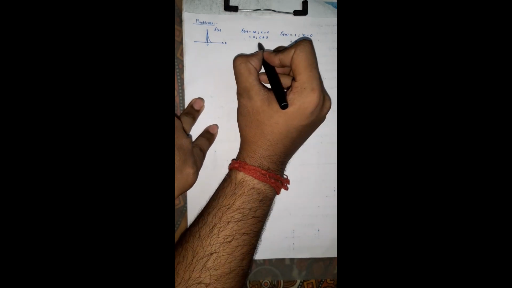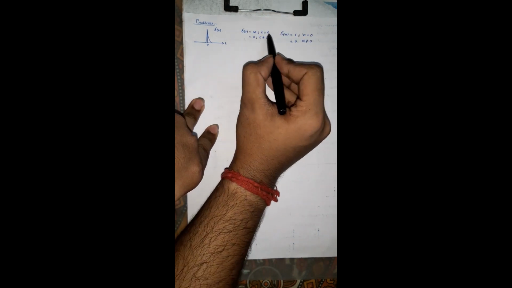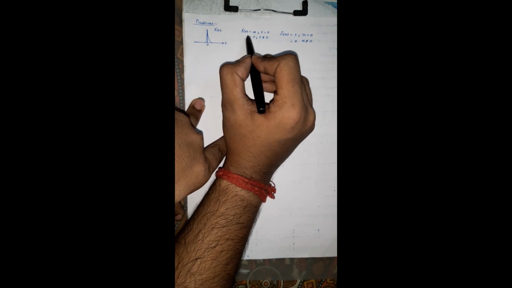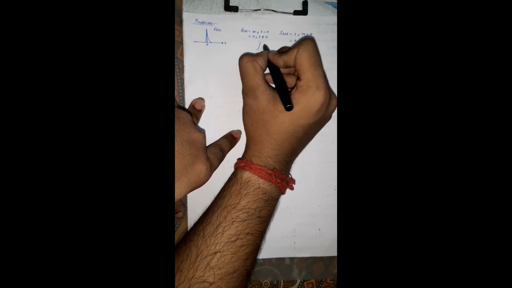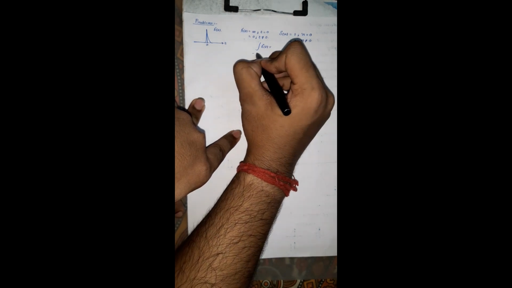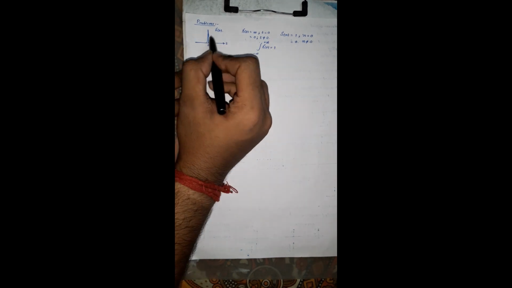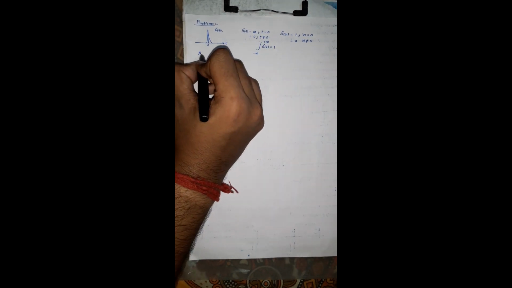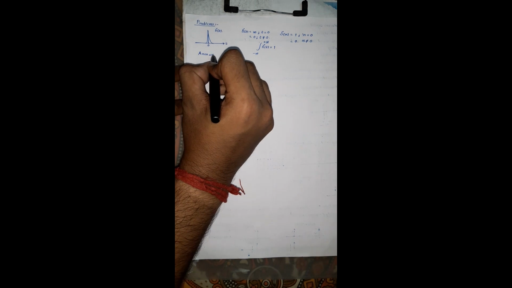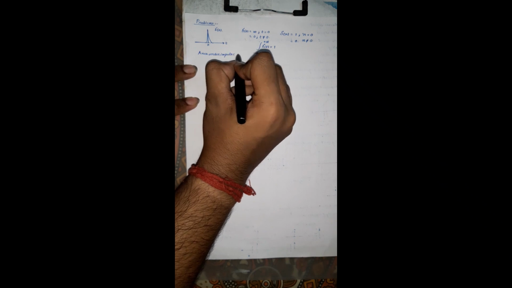And one more thing that most students may find confusing: at t equal to 0 the value of the impulse is infinite, but if we integrate the impulse signal in the time domain from minus infinity to plus infinity, then that value will be 1. That means the area under the impulse signal is equal to 1, unity.